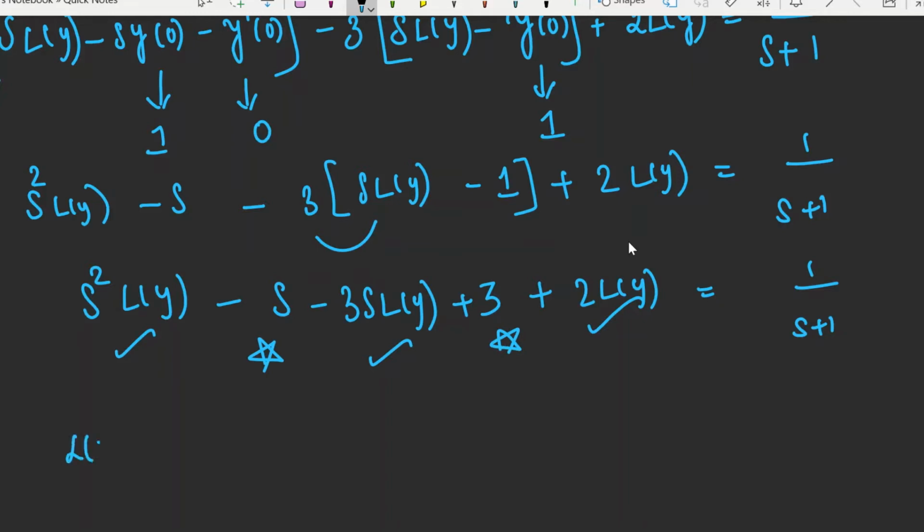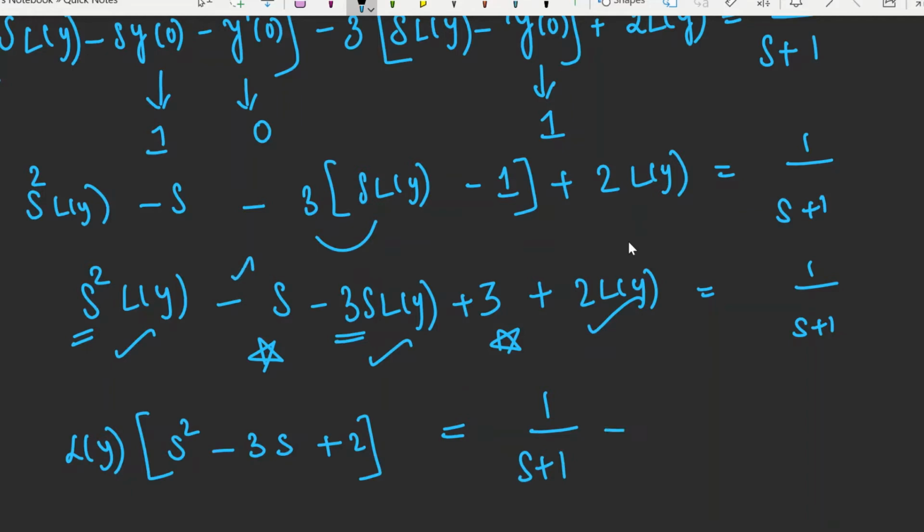So now I am taking L of y as common. What will be the coefficient? Here s square, and the other coefficient is minus 3 times s plus 2, equals 1 by s plus 1. Now I am moving minus s to the right side, so it will become positive s, and plus 3 on the right side becomes negative 3.